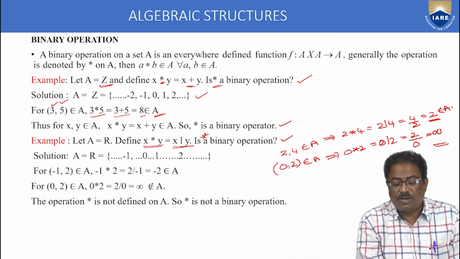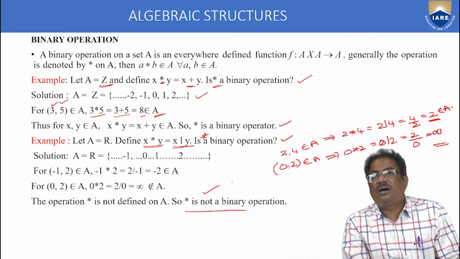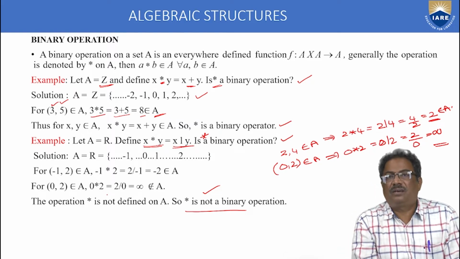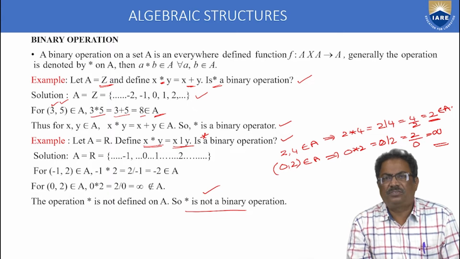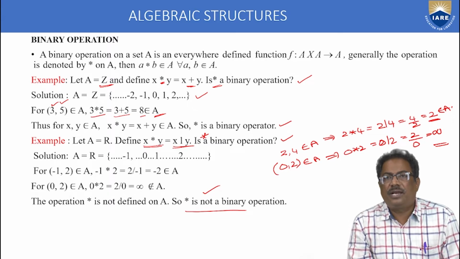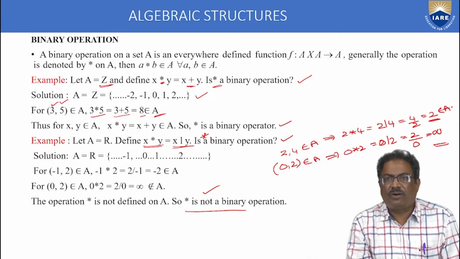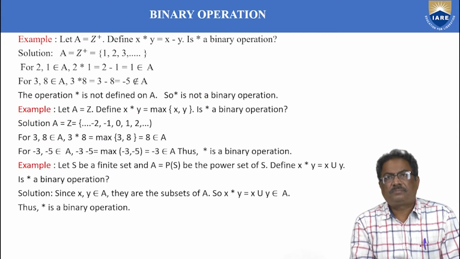That means star is not a binary operation. Star is not defined for these two elements. Likewise, for 0 star 3, or 0 star anything, the divide operation between those two numbers is not defined. So we can say that star is not a binary operation.